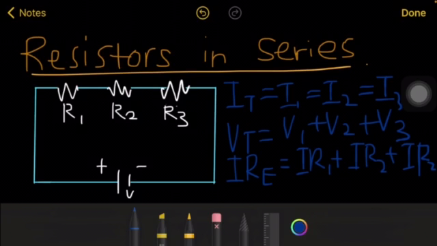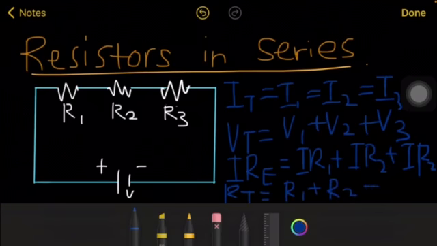So from that, connected in series, we can get the effective resistance, which is R total equal to R1 plus R2 plus R3. So we get the total effective resistor.